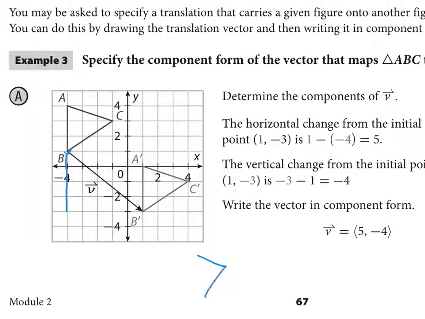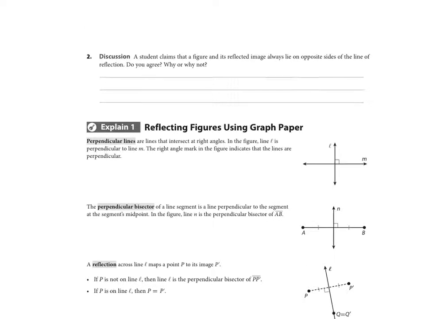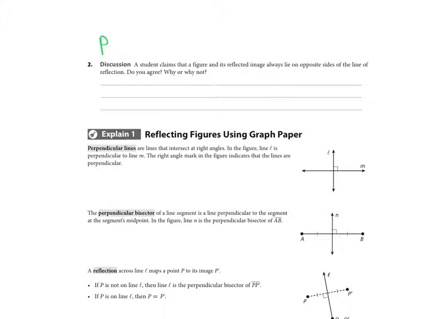So 4 down is a negative 4. And then 1, 2, 3, 4, 5, right, would be a positive 5. And so my vector equals 5, negative 4.